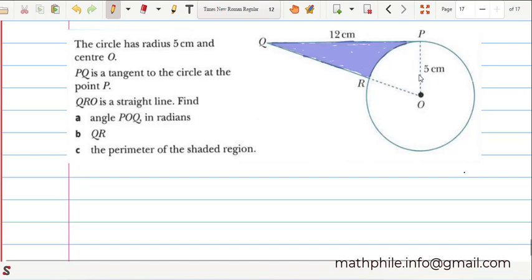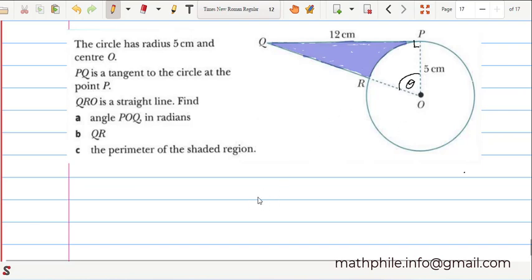So that's the angle we are looking for in radians. Now, one thing you should know is that a line through the center is called the normal, and the tangent and the normal always meet at 90 degrees. So we have to find the angle theta.